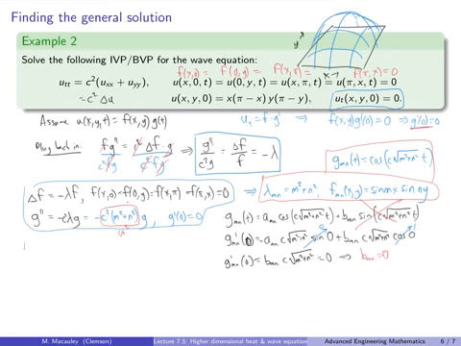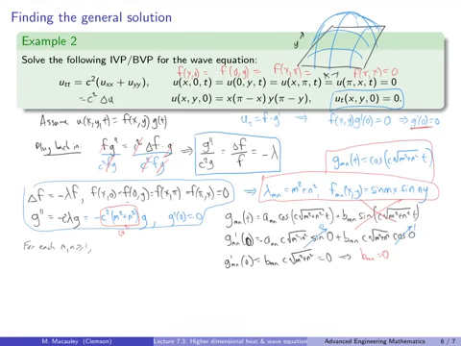Now for each m and n. Now, do these things have to be bigger than 0, or is 0 allowed? What happens if these are 0? Well, if m or n is 0, either one of them, then f is 0, so the whole thing is going to be 0. So let's say these are at least 1.